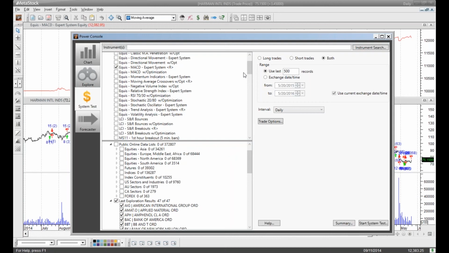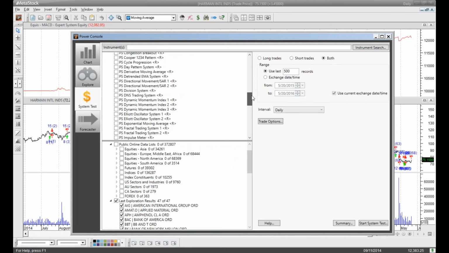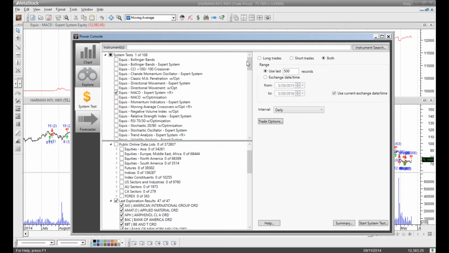John, yes, for that question. So combining indicators into one system test, yes, you could do that. And that's kind of where our formula language comes into play. So if you're looking at one of our different systems here, you want to integrate, looks like Bollinger Bands and the MACD.